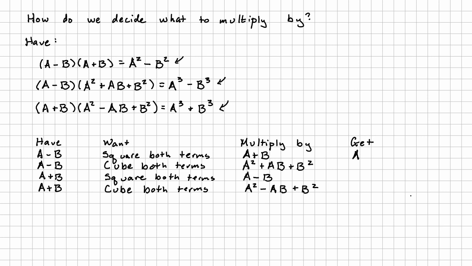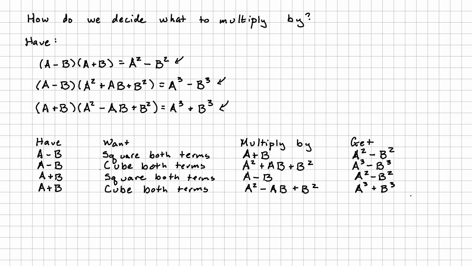When we square both terms, we'll end up with a squared minus b squared. If we start with a minus b, we'll end up with a cubed minus b cubed in this case. Here we'll have a plus b times a minus b is a squared minus b squared again. And here if we have a plus b, we'll get the sum of cubes. So we'll have a cubed plus b cubed.